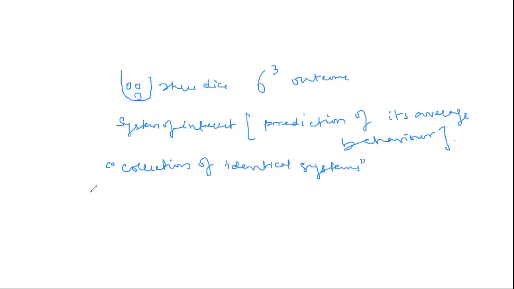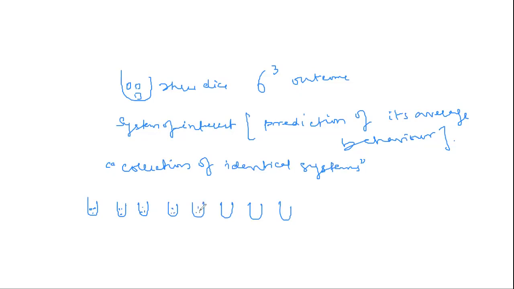Collection of identical systems means you construct many copies of the system, all must be identical. That means the 3 dice must be similar, identical in all respects, place it in this glass identically.